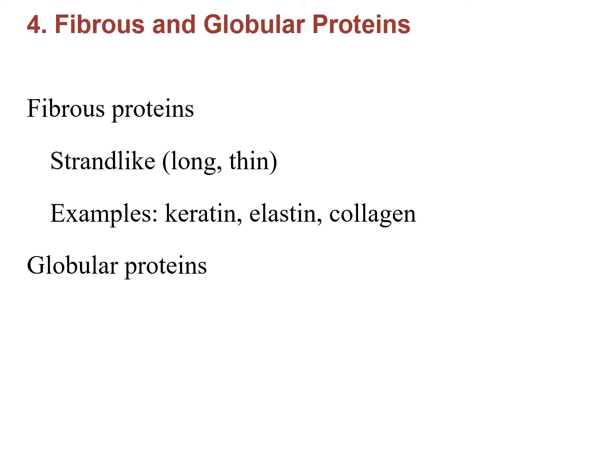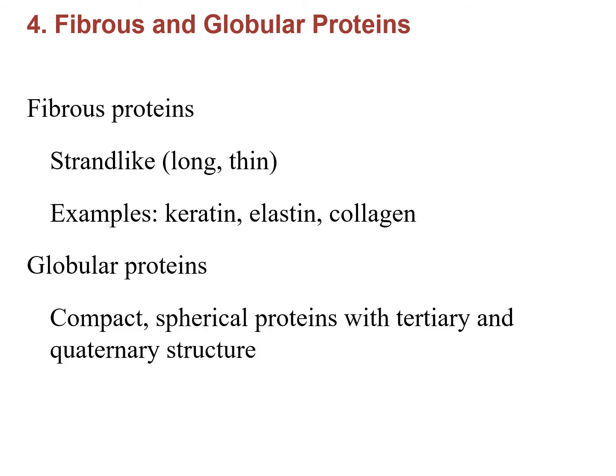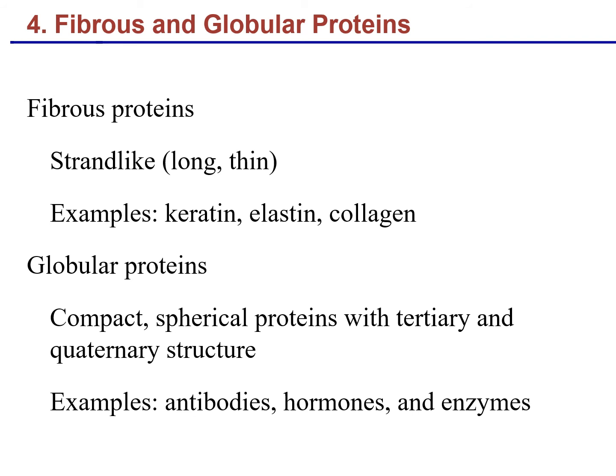Other proteins have very complicated three-dimensional shapes. Their tertiary structure is really elaborate, so they're folded into a glob. They're globular proteins, more compact, more spherical, with more complicated tertiary and quaternary structures. These tend to be really important in physiology: antibodies, and hormones and enzymes.